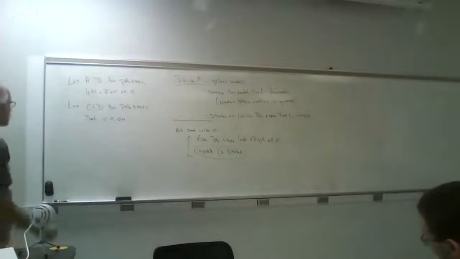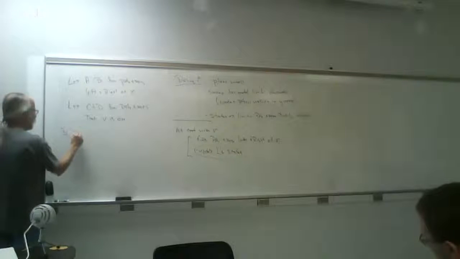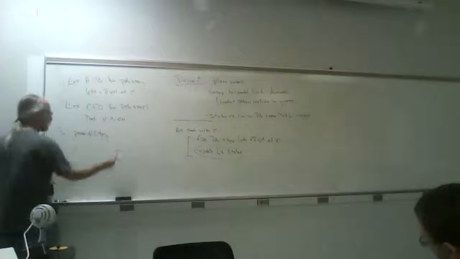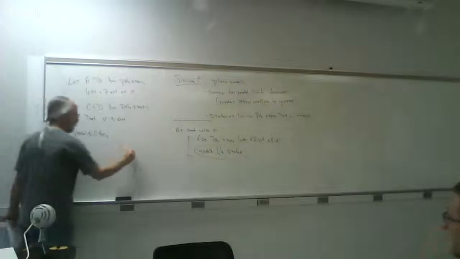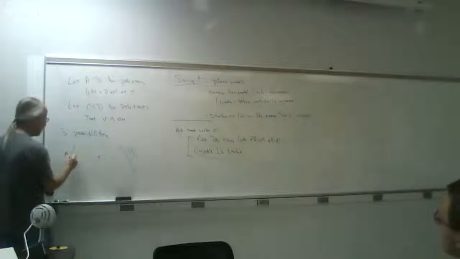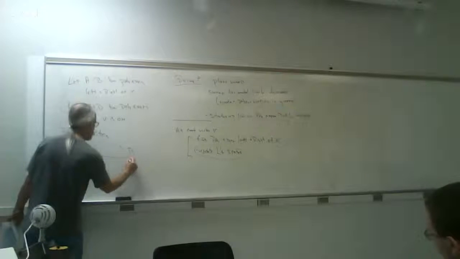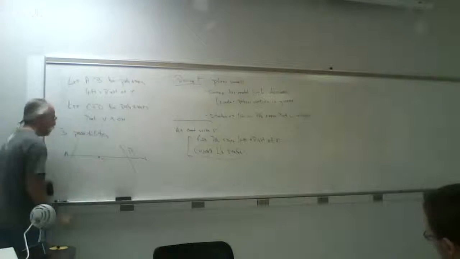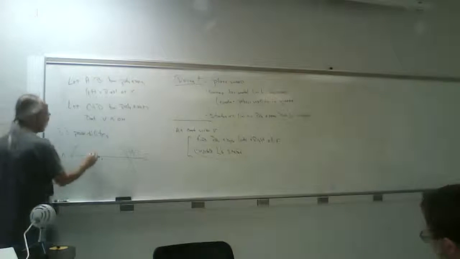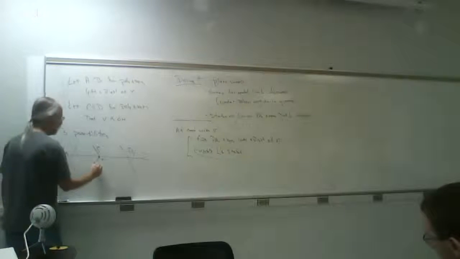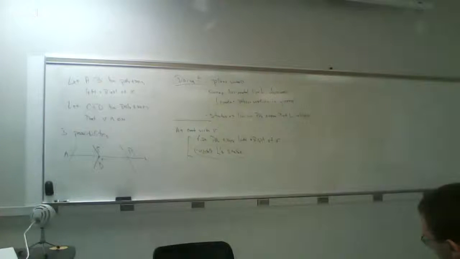Then there are three possible pictures. So here's A and B, and here's V. Our sweep line L goes through V, and C and D. Relabel them if they're upside down.